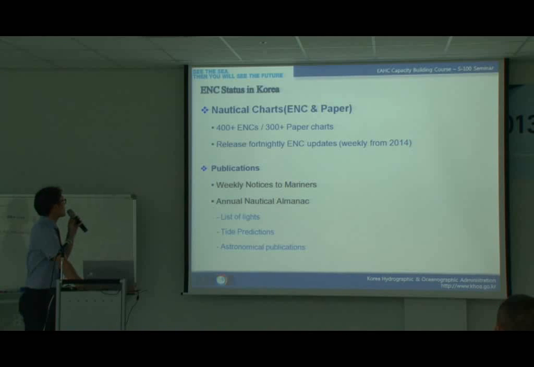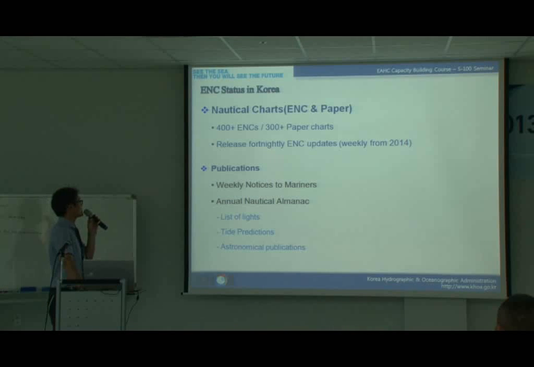Our nautical charts, which are paper charts, are more than 400 series, and we have 300 ENCs based on the paper charts. Since 2008, we developed a seamless ENC, which is regular size.